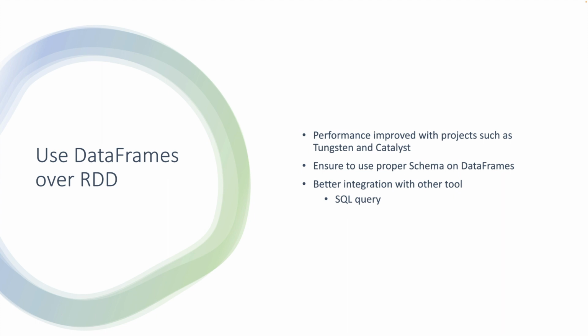So just in case you don't want to utilize native Spark functions, you could always execute a SQL query on top of your table, right? If it's easier for you to write a SQL query. So in that case, using DataFrame is going to help you improve the performance, but the major gain is basically from these two projects called Project Tungsten and Project Catalyst that it utilizes to improve the performance.